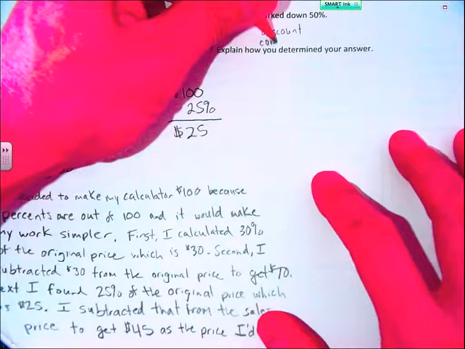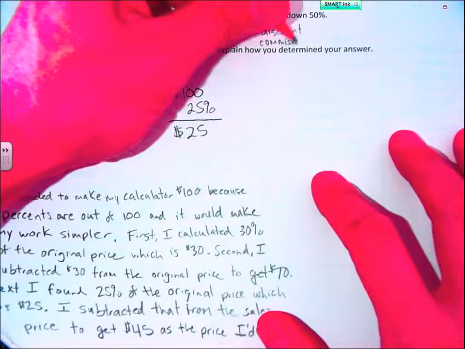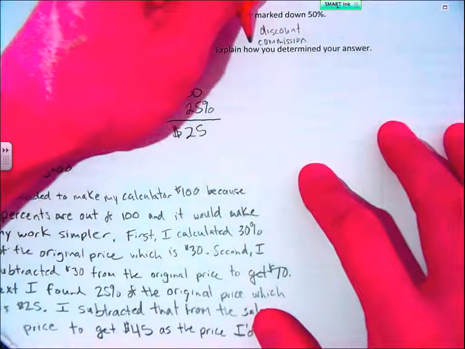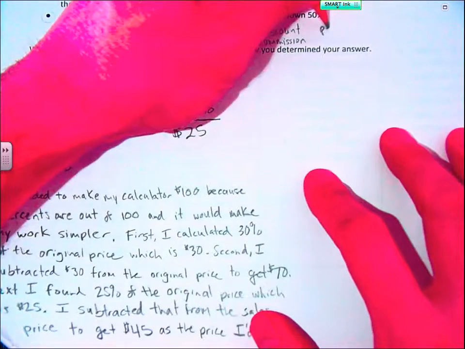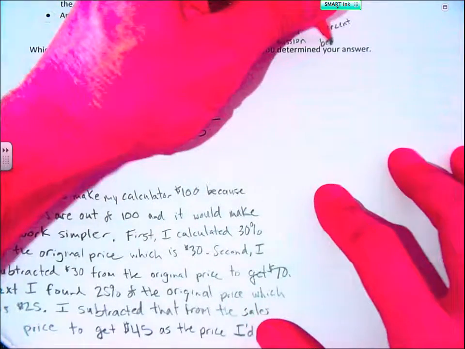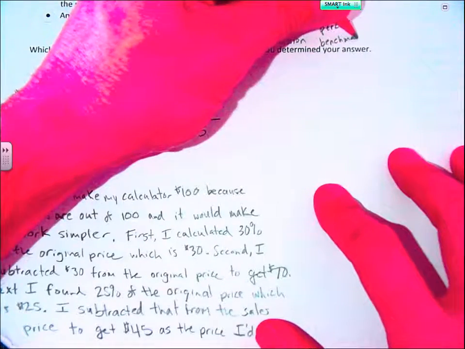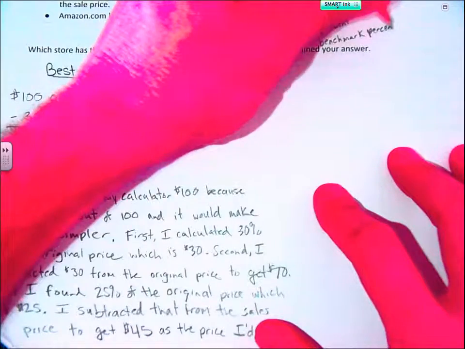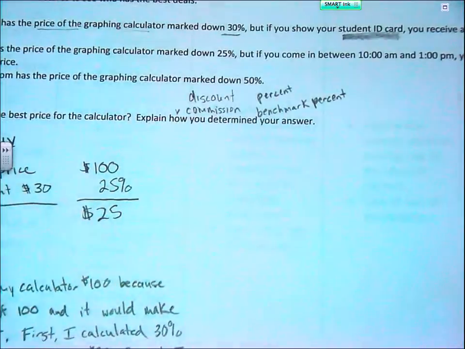Commission probably would not work here because a commission is how much someone makes for selling something and you're buying this. Percent. And then benchmark percent. Okay, so I'm thinking of using those words.